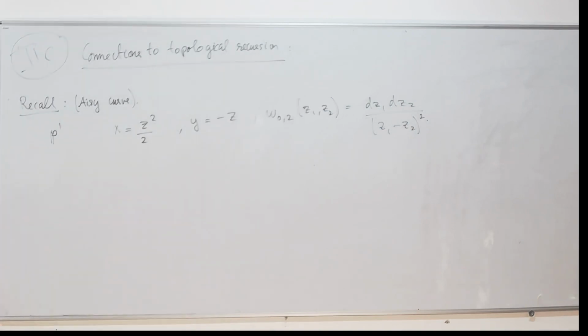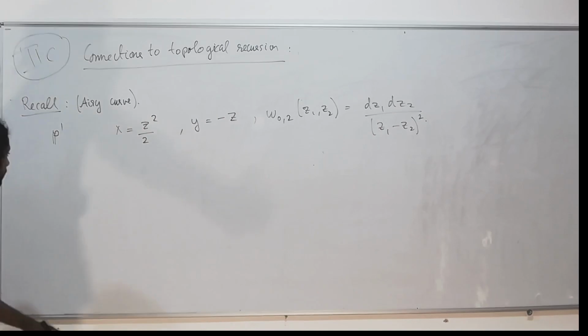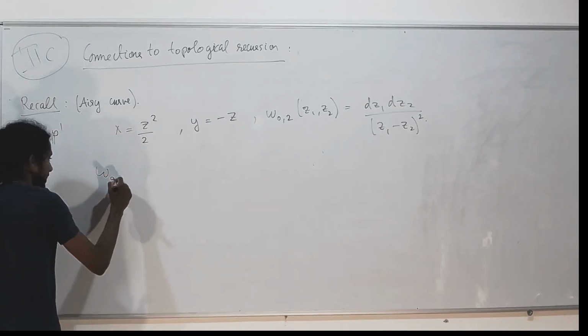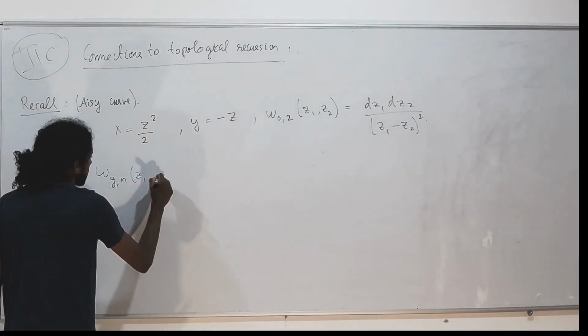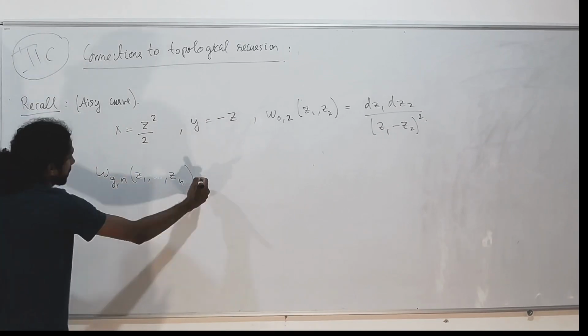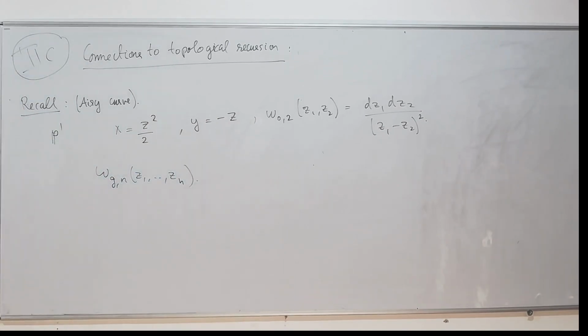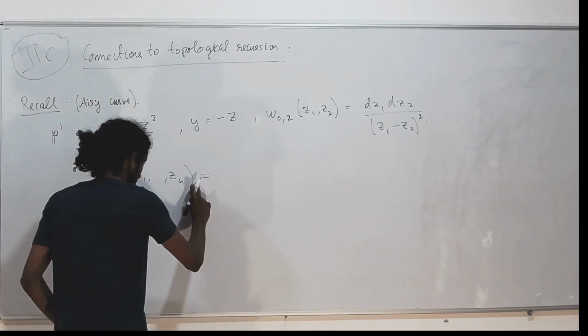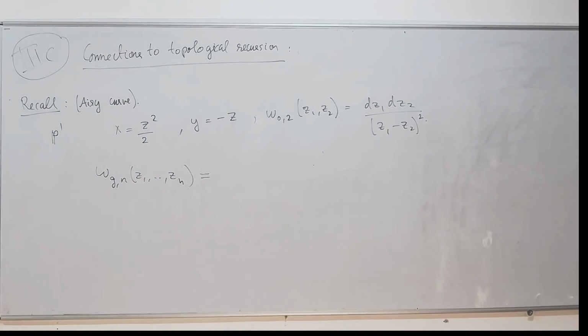And there was this topological recursion formula that produced these correlators, these omega g,n. In fact, the topological recursion formula, I think Bertrand already said this, is equivalent to the Virasoro constraints.